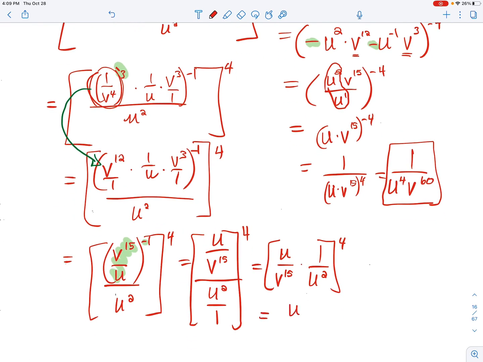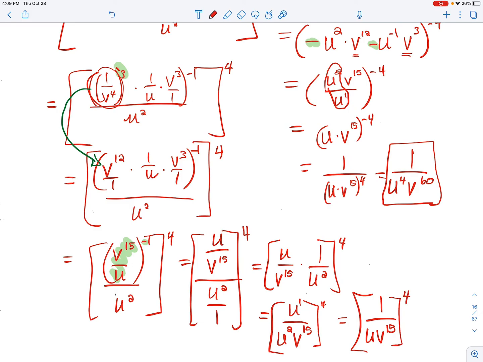Exciting conclusion. This is u over u squared times v to the 15th, still to the fourth. And this is u to the first over u squared. Denominator wins by 1. It's going to be 1 over u times v to the 15th, still to the fourth. That is a quotient to the power.